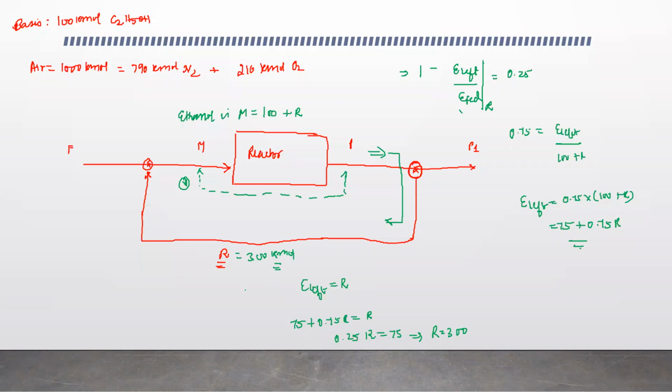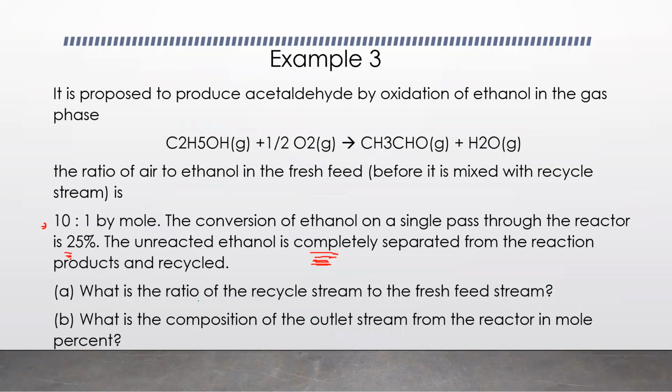Once we have got R, we have to calculate the ratio of recycle stream to the fresh feed stream. Recycle stream is R upon fresh feed stream F. So R is 300 and F is 100 kilomole of ethanol plus 1000 kilomole air. So that is 300 by 1100, which is 3 by 11, equal to 0.273. That is your part A.